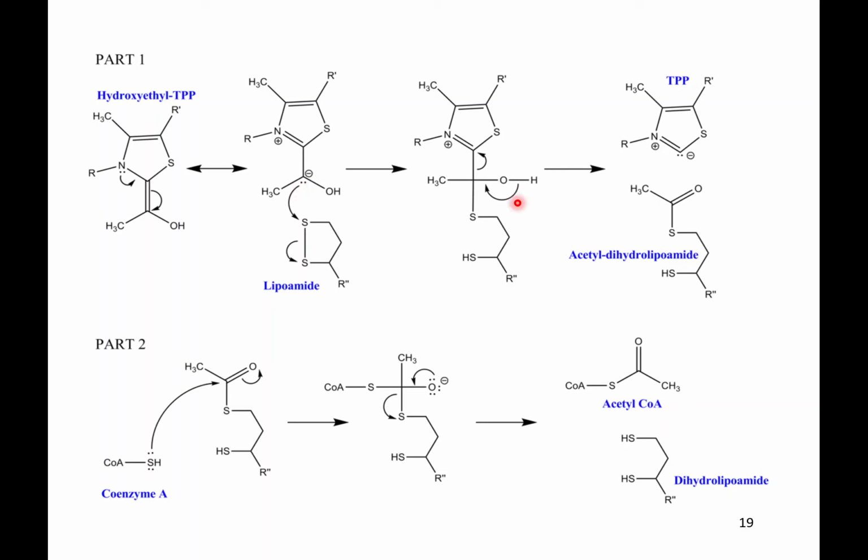Okay, then you have a rearrangement when it's attached to both TPP and lipoic acid, and that's when you get this oxidation here to make a carbonyl group.